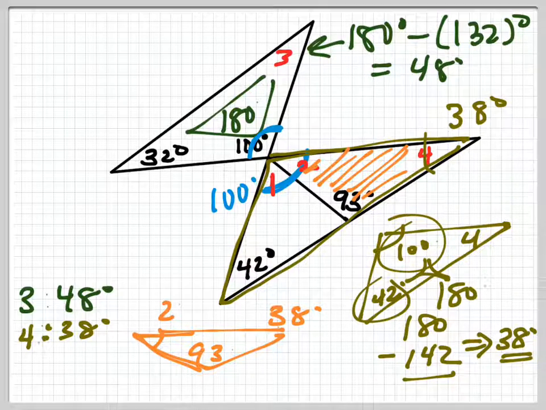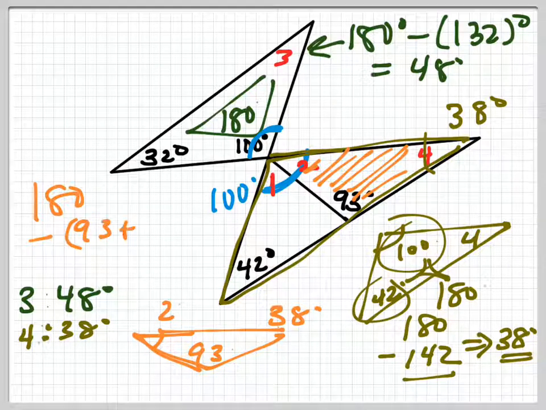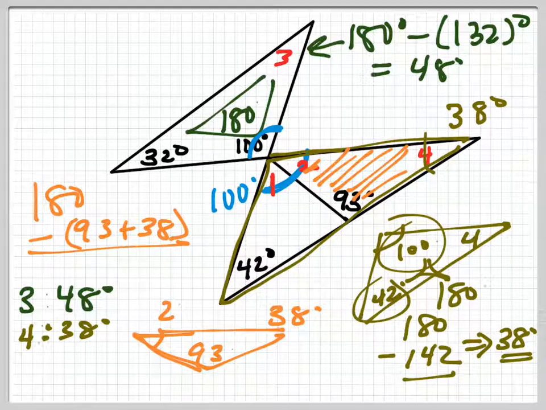So from 180, I'm going to remove the sum of 93 and 38. 93 and 38, once again using the calculator, is 131. 180, take away 131, leaves 49 degrees remaining. So this angle here, angle 2, is 49 degrees.